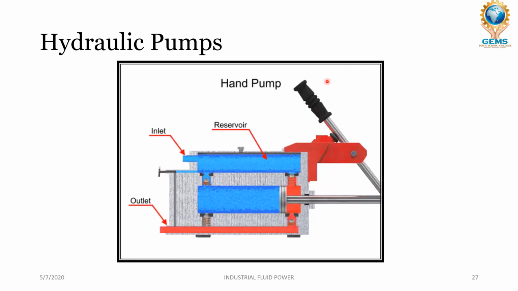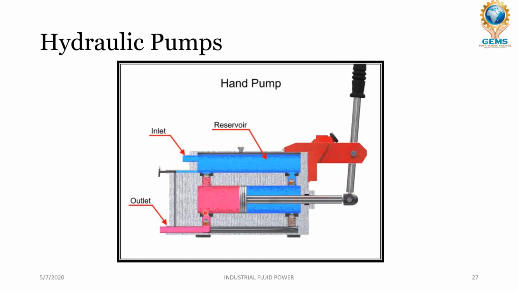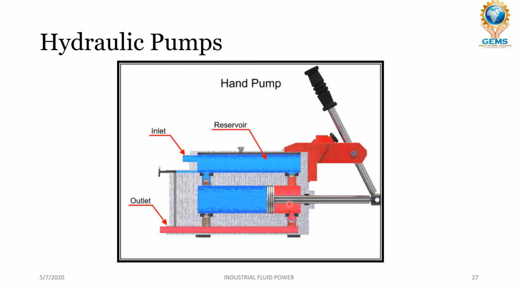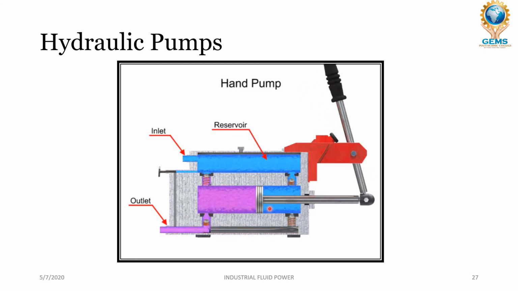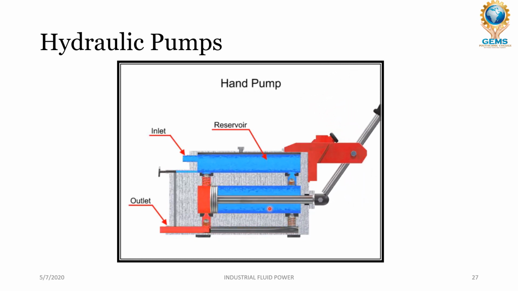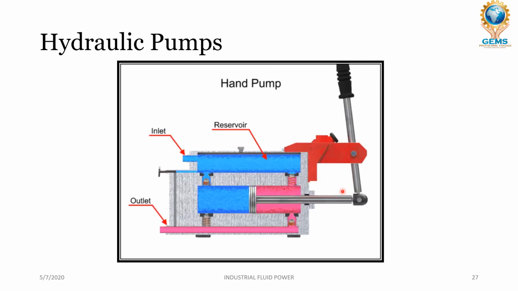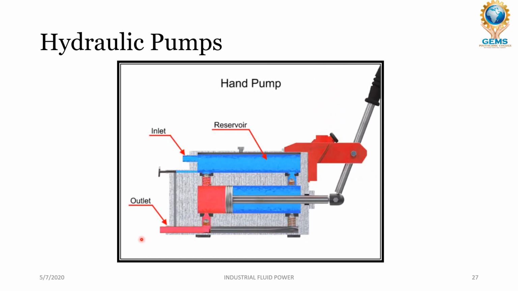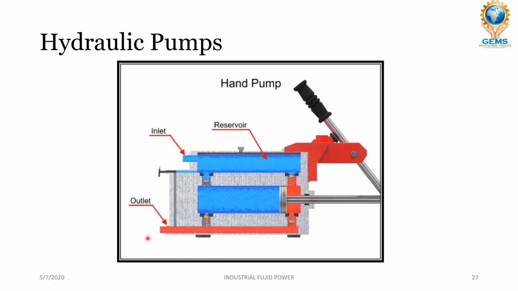When the hand lever is operated, it pushes the liquid this way. When the hand lever is released, it sucks the oil, sucks the fluid. When it is pushed, it compresses and makes the fluid discharge.